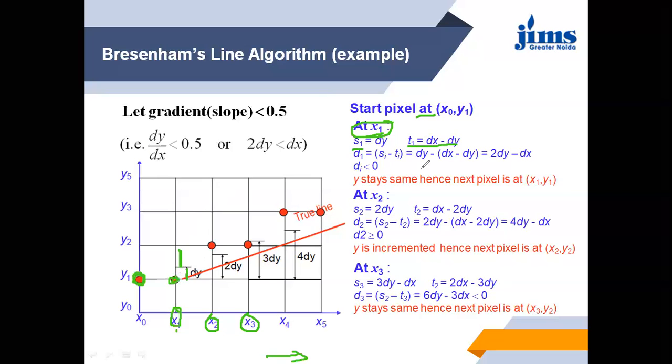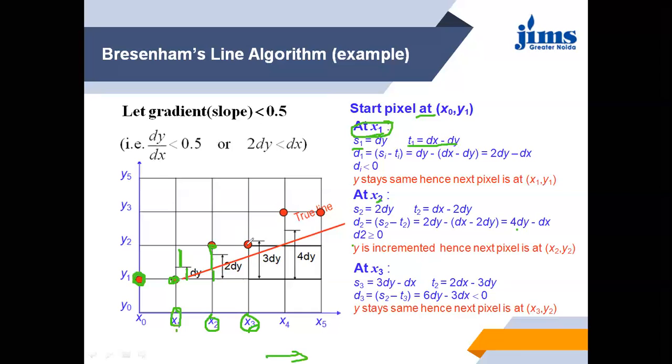Same in the case when at point x2, this distance is, when the value of d2 is greater than 0, for dy minus dx, then we have to draw this pixel at point x3 in x direction.